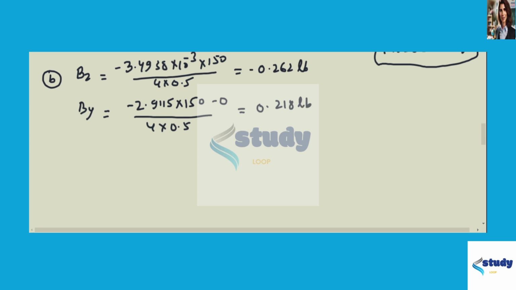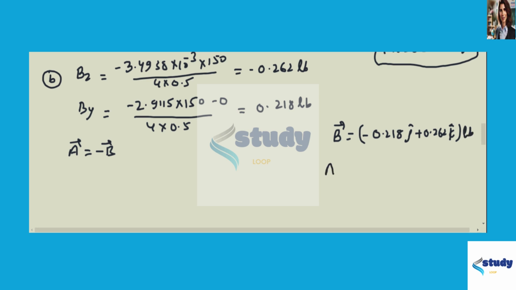As you know, reaction A is negative of B. So if we write dynamic reaction at B, it is minus 0.218 J cap plus 0.262 K cap pound.